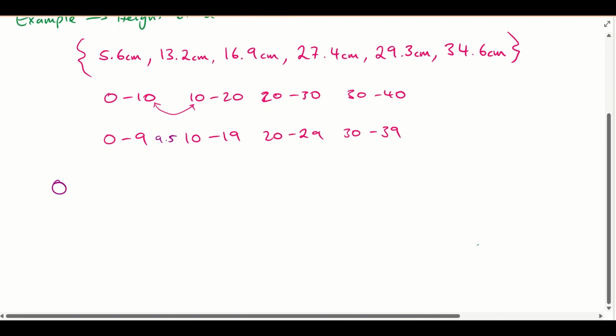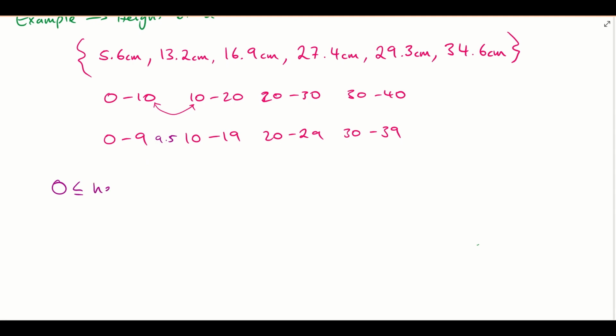We want our height, and we're going to include 0 at this end, so that's what the equal sign means. We're going to include 0 and go all the way up to 10, but not including 10. So 9.99999 would go into this category, but not 10, because we're going to include 10 in the next interval.